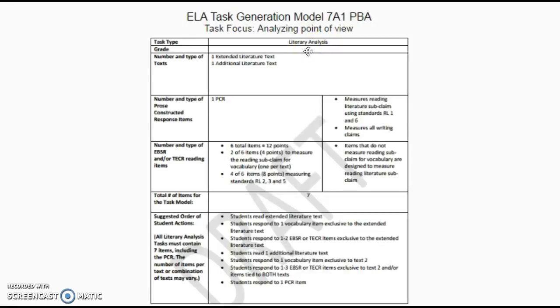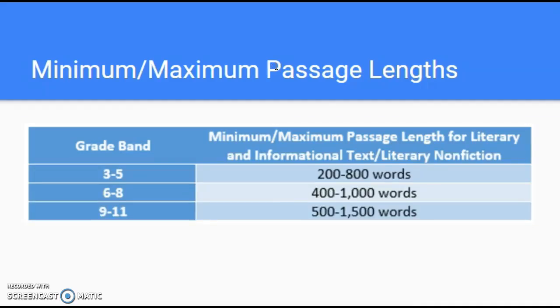The next row identifies how many texts students will be asked to read. In this case, students will be asked to read 1 extended text and 1 other text. Let's pause for a moment to note PARCC's passage lengths. PARCC has established the following word count guidelines for each grade span to inform passage selection.